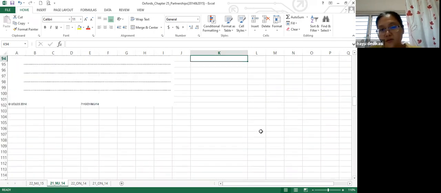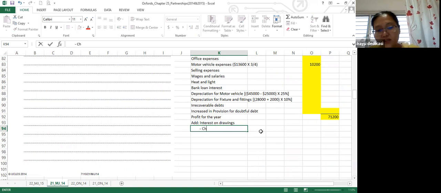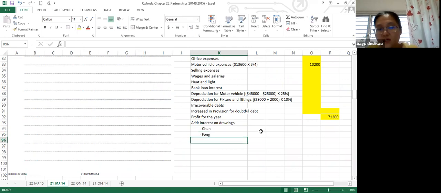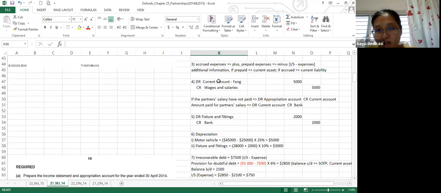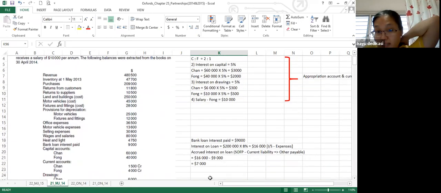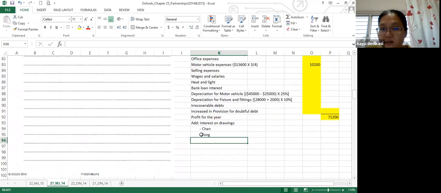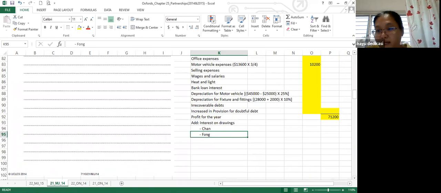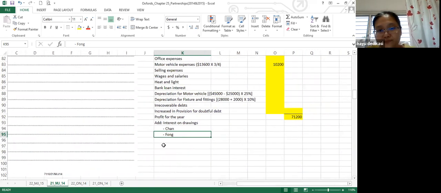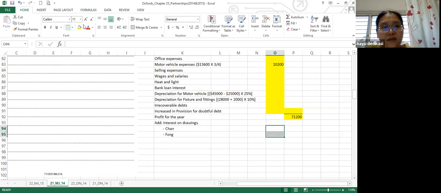So Chan, you calculate and put into here, and then Fong. All this working that you made on top, you can copy down beside the detail of Chan and beside the detail of Fong. Next is the same thing, you only need to put into these two columns, because here you don't need it, you just want the subtotal, and all the subtotal amounts go in here.